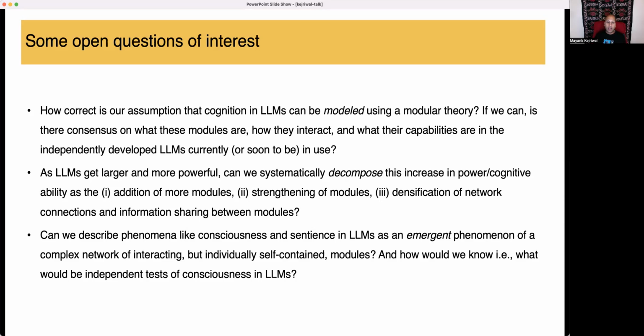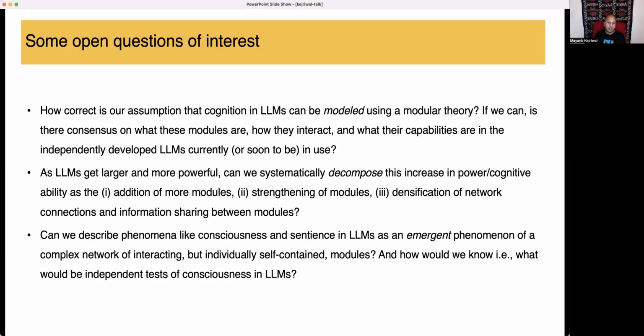And can we describe phenomena like consciousness and sentience in LLMs as an emergent phenomenon of a complex network of interacting but individually self-contained modules? And how would we know? What would be an independent test of consciousness in LLMs? The third question is obviously a very big question that I'm sure many people in this community are really interested in.